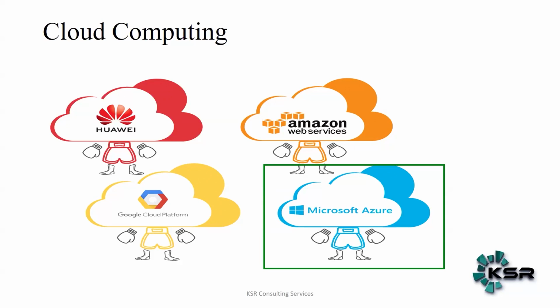Similarly, you consider AWS, you consider GCP, or you consider Azure. All of them are service providers, and they provide you all the services which are needed for you. But the question arises, which is the one we are going to choose for our business? Microsoft is always known for its security.